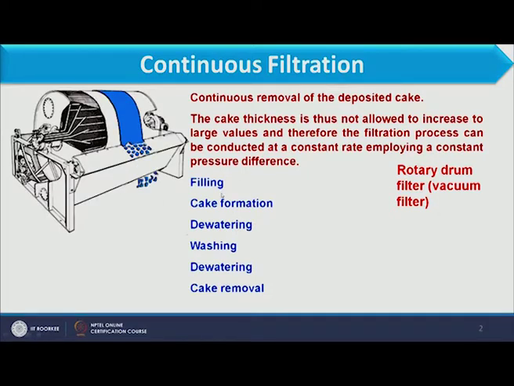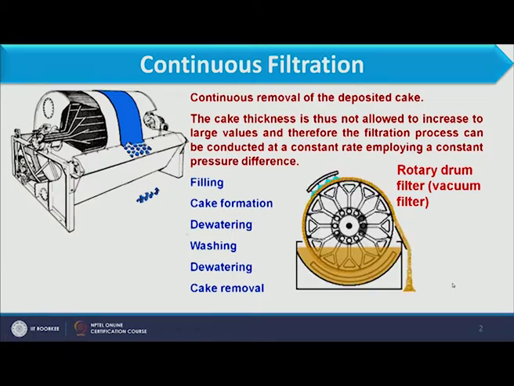And here we have the rotary drum filter, which is a very common example of continuous filtration and which is operated at vacuum. In this diagram you see the rotary drum filter, which has a specific diameter as well as length, and it is operated at vacuum. Now how it is operated can be illustrated through this animation.